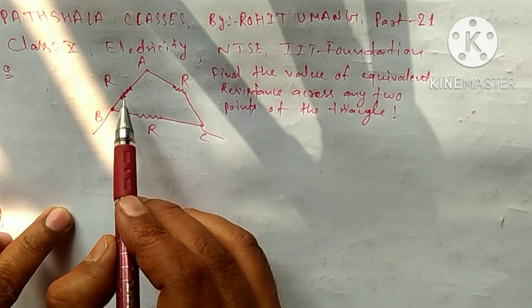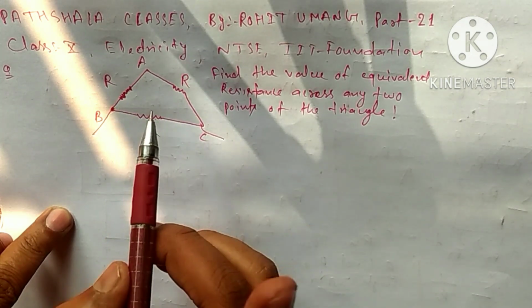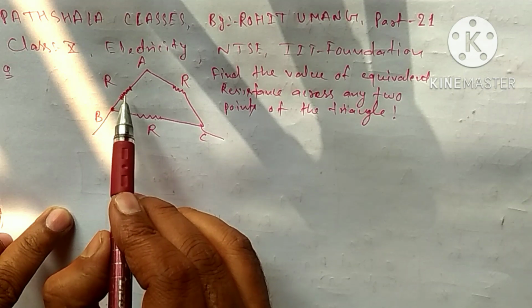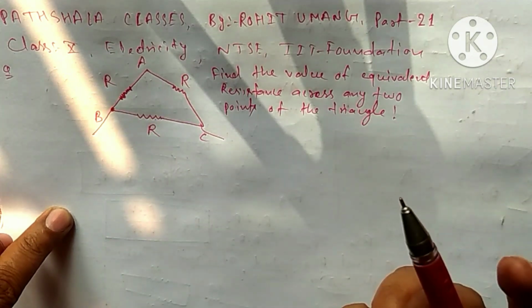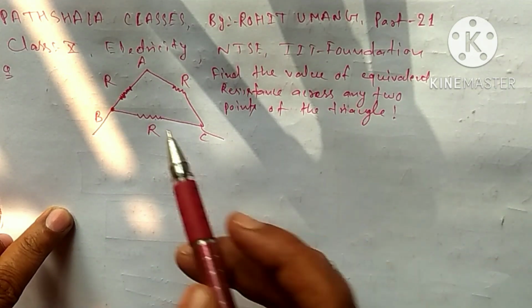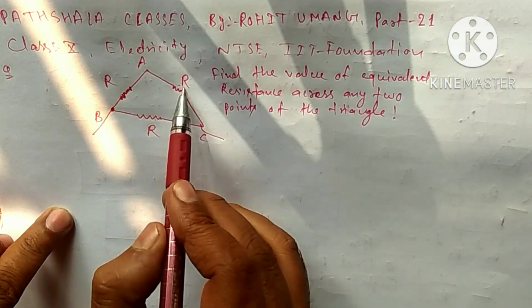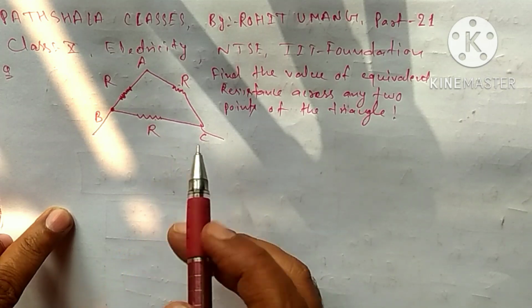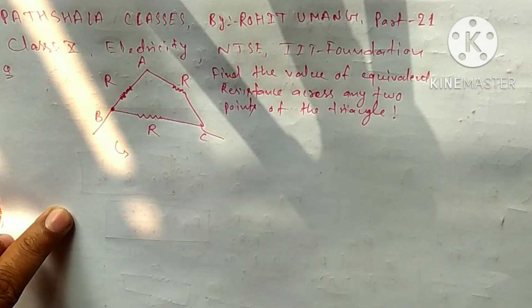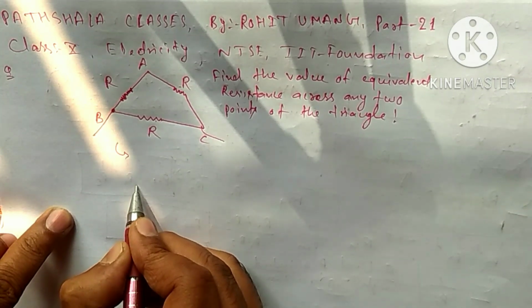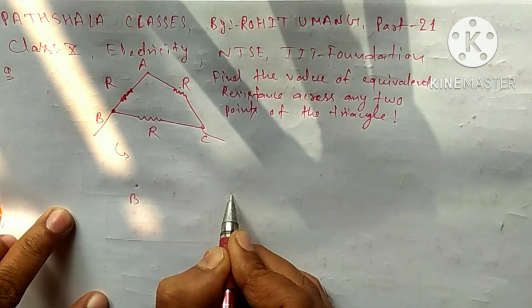I have three resistances. Among these, two are in series. So we write it again in another form: write B here and C here.